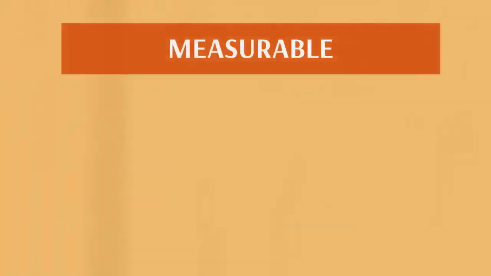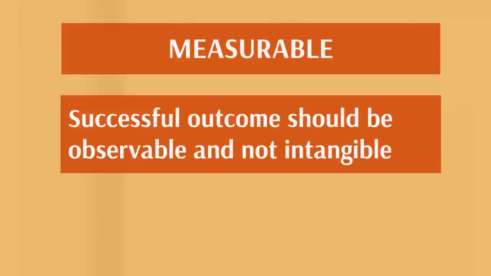Now, the next thing is measurable. Obviously, the items on your to-do list need to be measurable. Measurable meaning that you need to have some sort of successful outcome, and that should be observable, and you should be able to see the results at hand, not intangible.